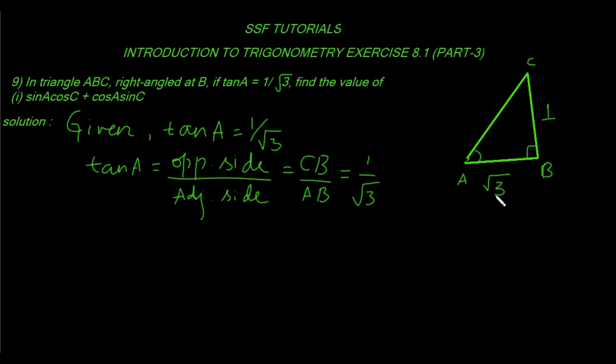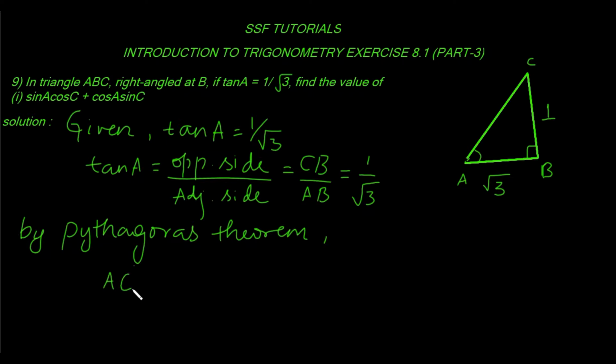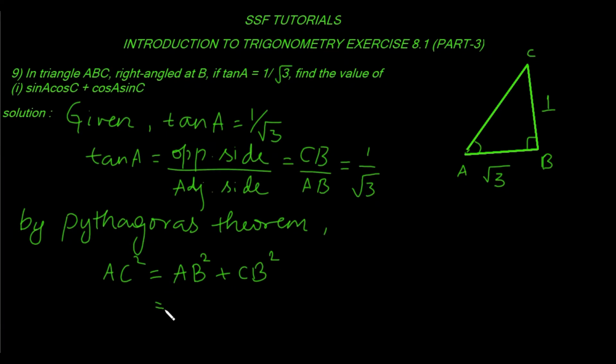We can clearly see that the hypotenuse side is not given to us. So let's find it by using the Pythagoras theorem. By Pythagoras theorem, the formula is AC square is equal to AB square plus CB square. So AB is root 3, so it's root 3 to the whole square, plus CB is 1, so 1 to the whole square.